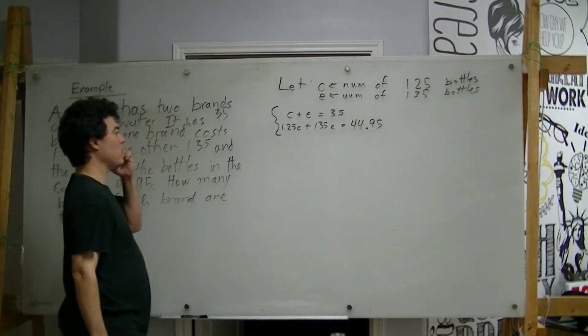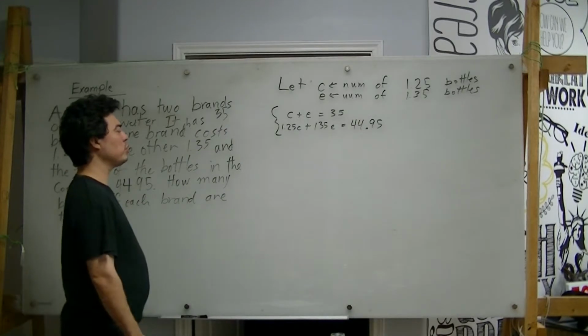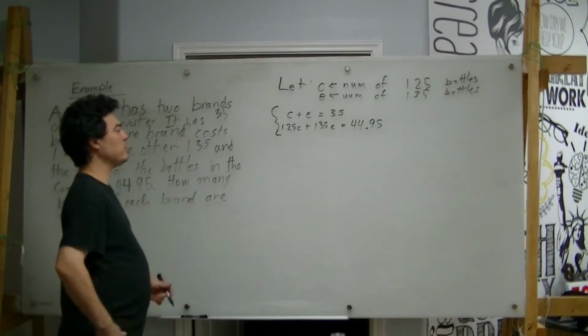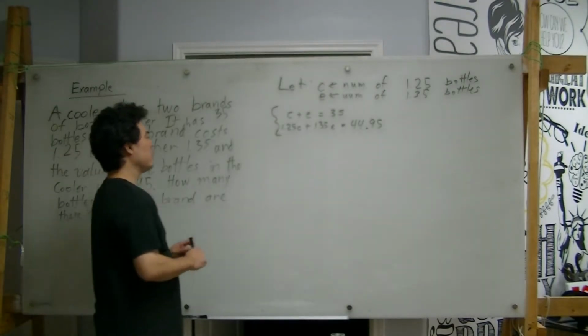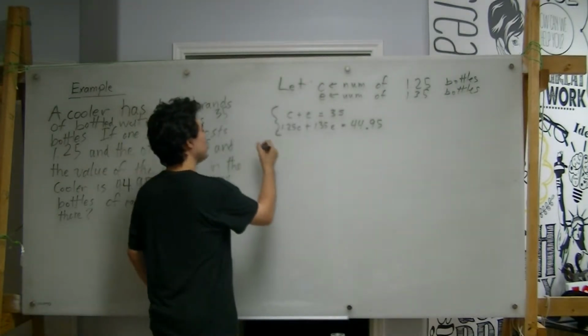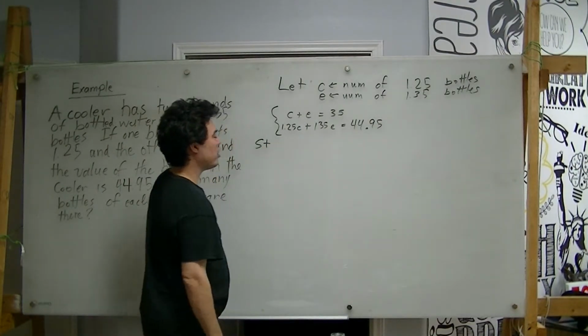And now, just as before, we're going to begin to perform the elimination method. Step 1, we're going to solve for one of the variables in terms of the others.